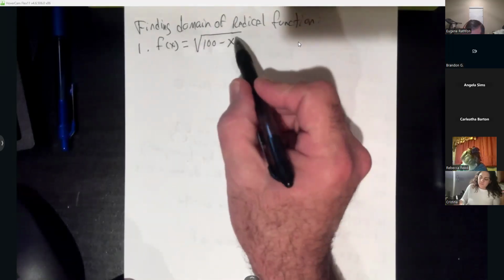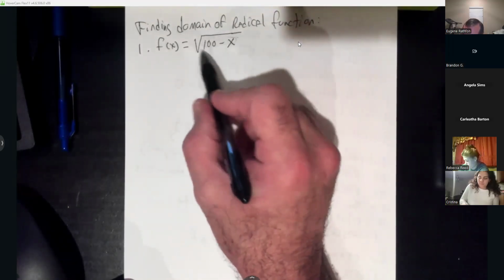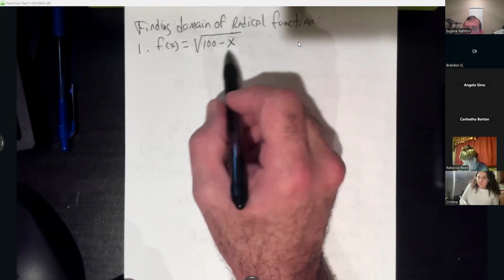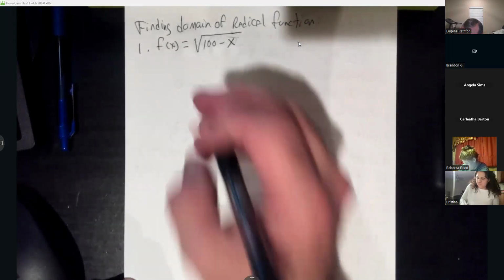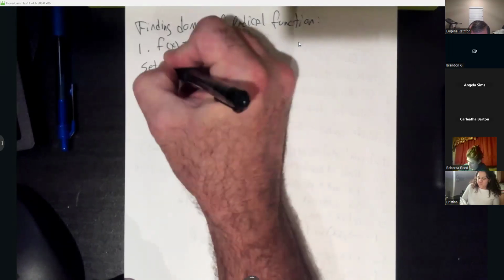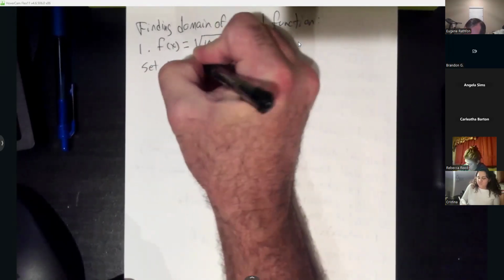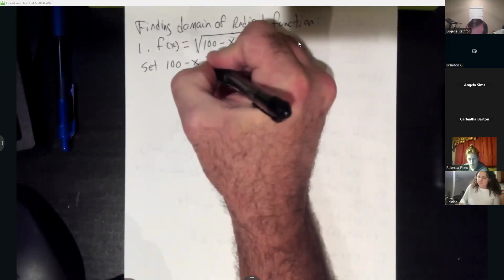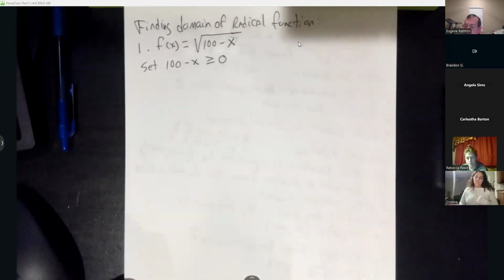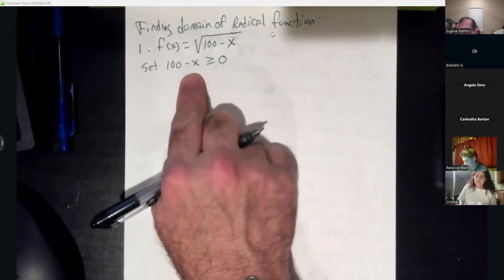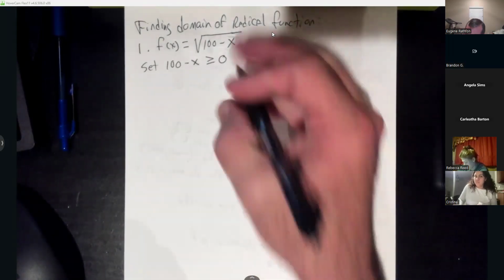So what I'm worried about is what's up under this radical here. That 100 minus x, so remember we're going to set 100 minus x has to be greater than or equal to 0. Now we're going to solve that for x.